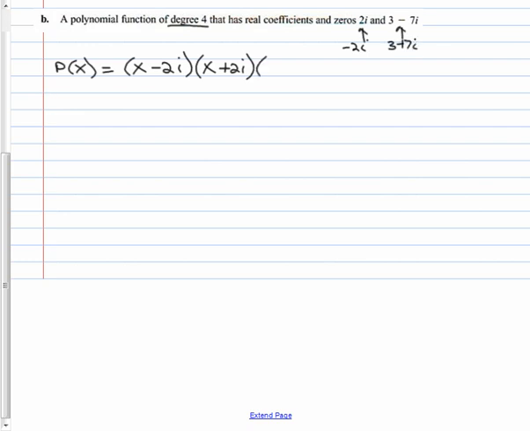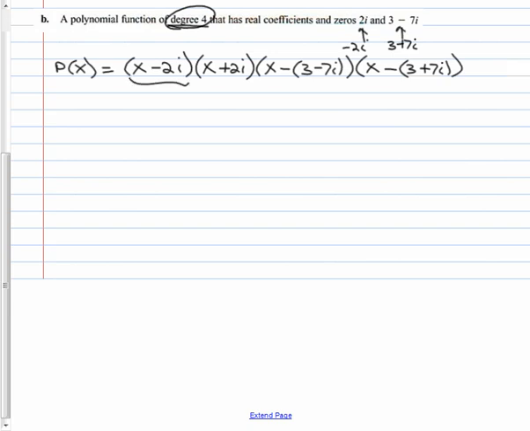Now when I write this, x minus the 0, 3 minus 7i, we'll simplify it. X minus the 0, the whole thing, 3 plus 7i. We'll simplify that. 1, 2, 3, 4 factors to go with my 4th degree polynomial.